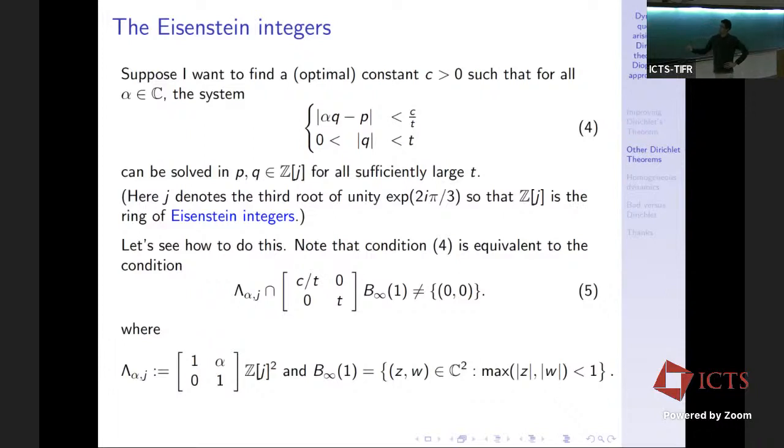So I want to highlight this Dani correspondence thing. So let's see how to do this. Some notation. Yes, I'll do Gaussian later. First I'll do Eisenstein, then we'll talk about Gaussian integers.